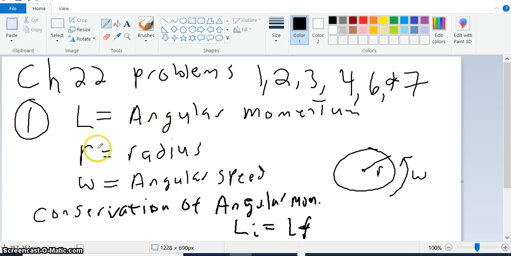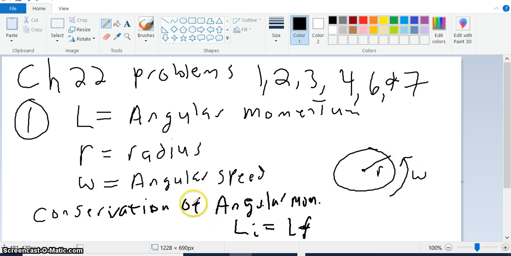Anyhow, they give us the radius, actually the change in radius, and they give us the initial omega. Omega is what's called the angular speed. Let's look at this picture right here. You have something that's spinning about some axis of rotation. So r is the distance from the axis of rotation, and omega is the rate at which it's spinning, or another way of saying it, the angular speed.